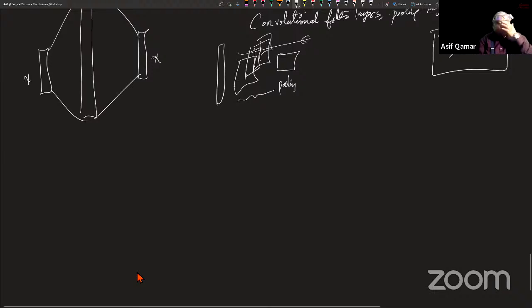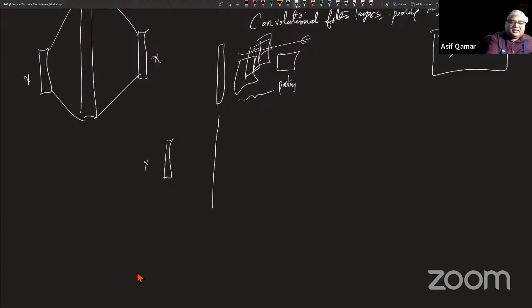Now, there's one catch to this kind of architecture that I want to mention. Suppose you have X with 10 dimensions and you make the hidden layer 20 dimensions.